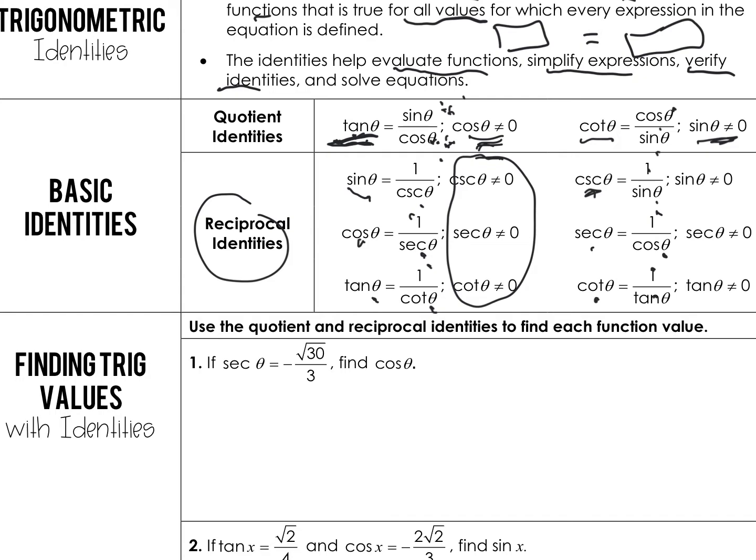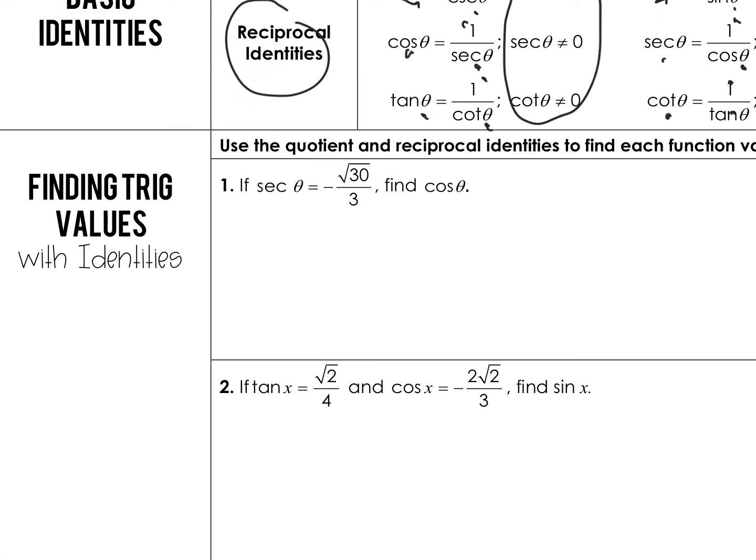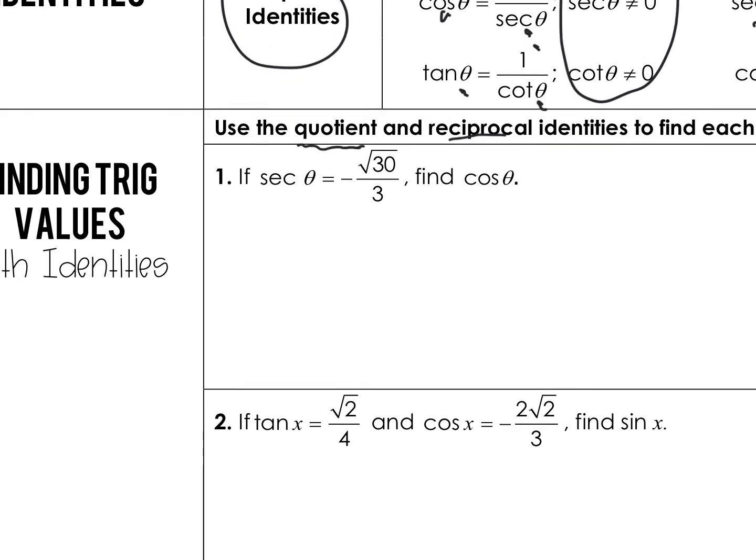So now we're going to use these basic identities to try to evaluate or find different angles. And it wants us to use quotient and reciprocal identities. There's several ways of solving these things. If we know secant of theta is negative square root of 30 all divided by 3, find the cosine of b.